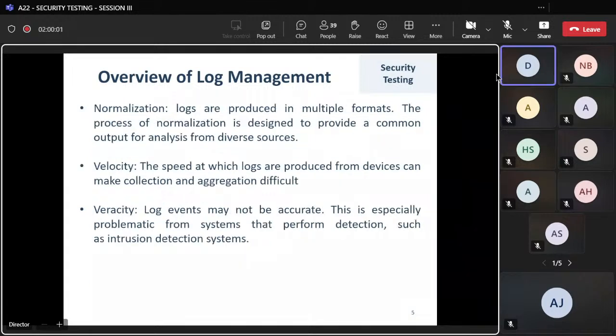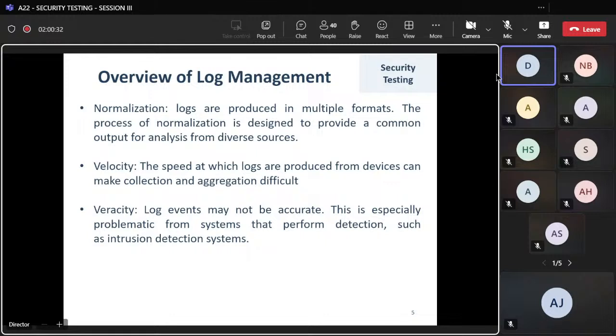The first process is normalization, because various vendors are involved with the various devices, and so the logs may be generated in multiple, different formats. Normalization provides a common output for analysis, because even though you collect the logs from various devices, for analysis you're going to use a single application or a single source.